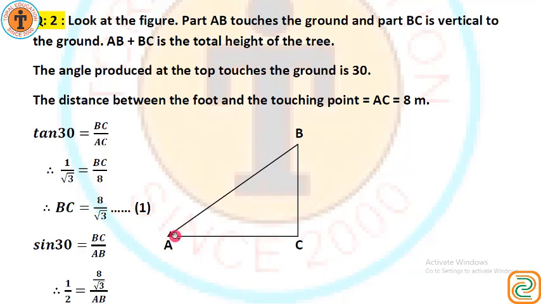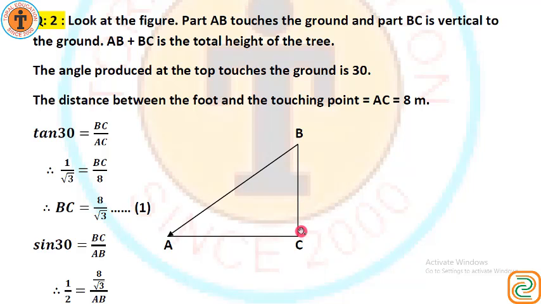CBA is the tree, but the tree was straight, and due to the storm it broke down and touched the ground at A and made the angle 30 here. The distance between the foot of the tree and the point where the top touches the ground is 8 meters. Here the distance between A and C is 8 meters. Find the height of the tree.